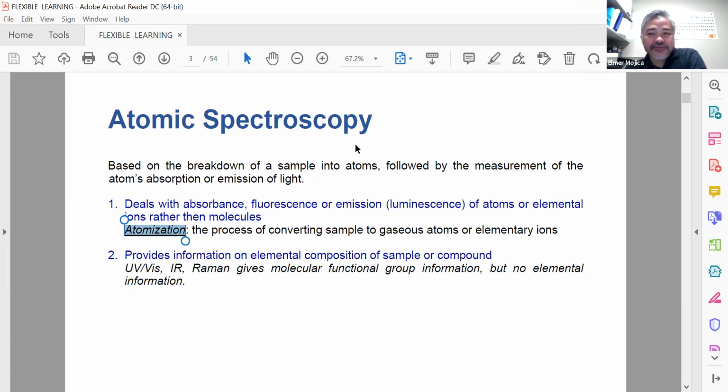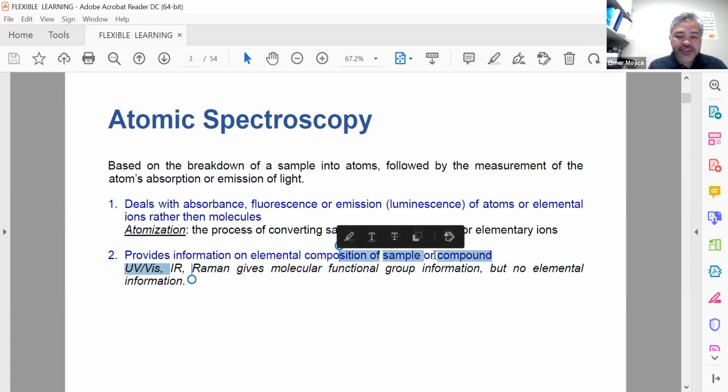If you look at the optical components that we discussed in the previous module 4.2, you will see that the AAS usually has a different block diagram compared to the other spectroscopic methods. Now, what information can we get from atomic spectroscopy? It provides information on the elemental composition of a sample or compound.